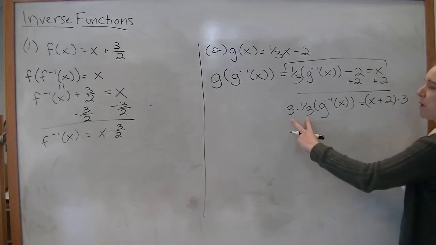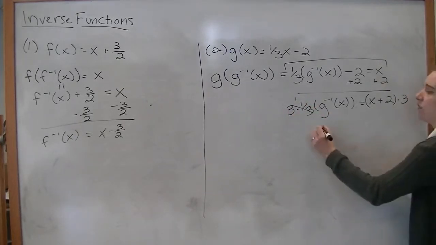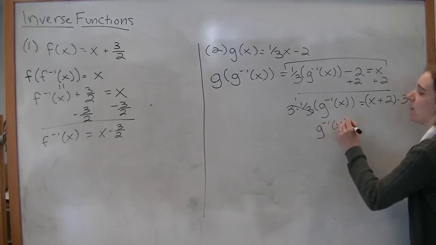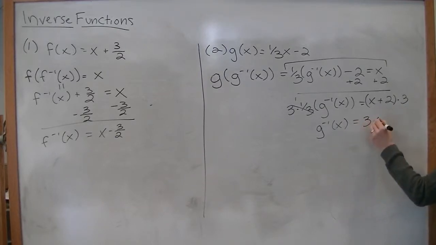That means when I multiply these, they're just going to become 1. So I get g inverse of x by itself on this side. On this side, notice I do have a little bit of distribution to do. So I get 3x plus 6. So there is g inverse.